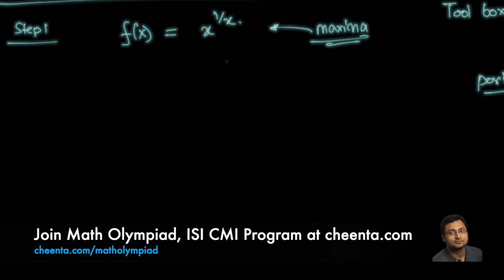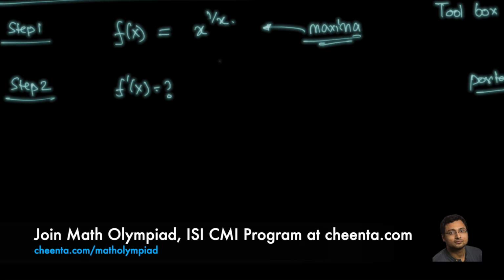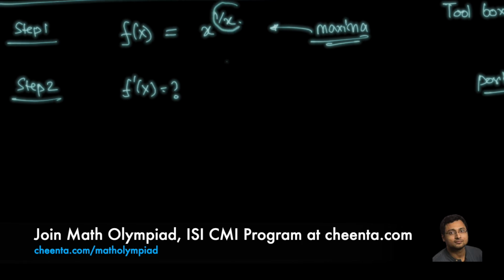Well, to find the maxima, you have to first do the derivative. Let's find out f prime x. How can we do that? It's a standard procedure. If you have a variable in the exponent, then you take log on both sides.